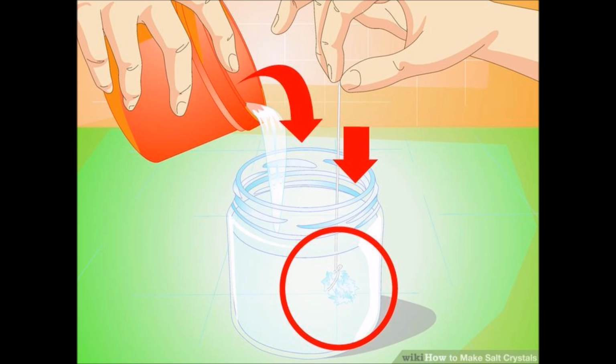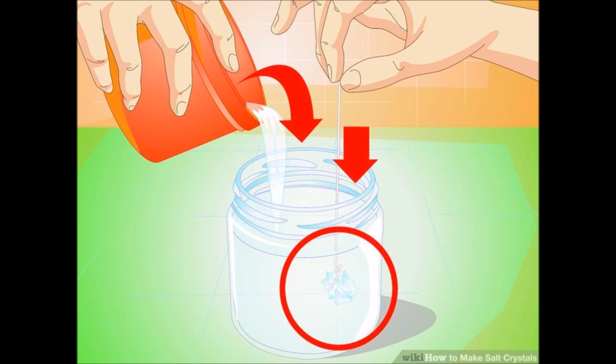Sometimes a string or other object is added to the solution. This serves the purpose of creating a place for nucleation sites to form, although sometimes this does not create the most effective crystals.